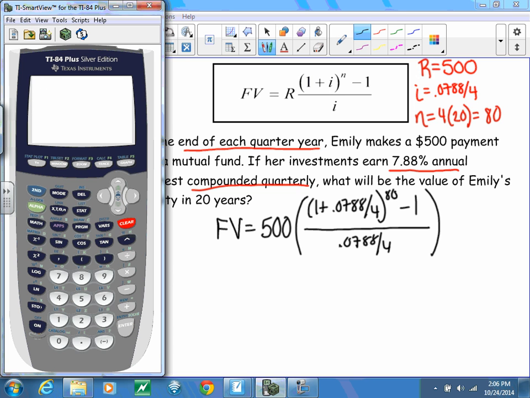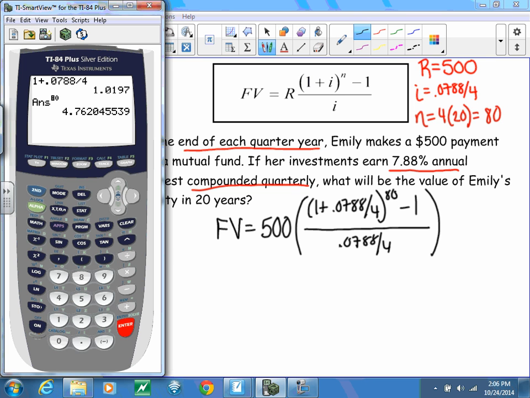In order to not miss anything, I'm going to break it up into steps. I'm going to start on the numerator inside the parentheses, and take 1 plus 0.0788, divide that by 4, and take the answer right away. I'm not going to round it at all, but right away I'm going to take that to the power of 80.